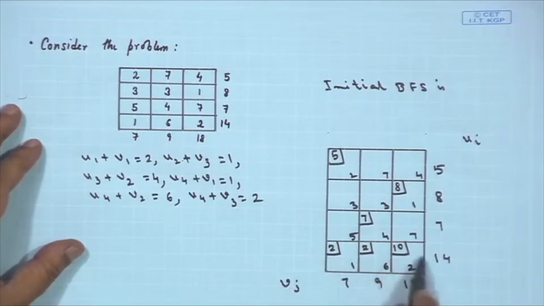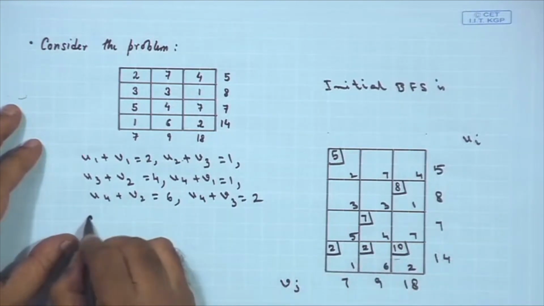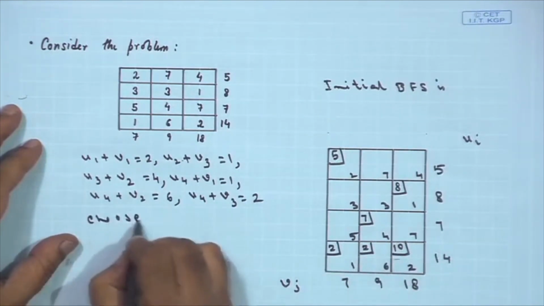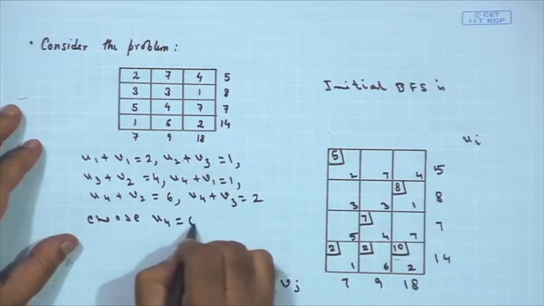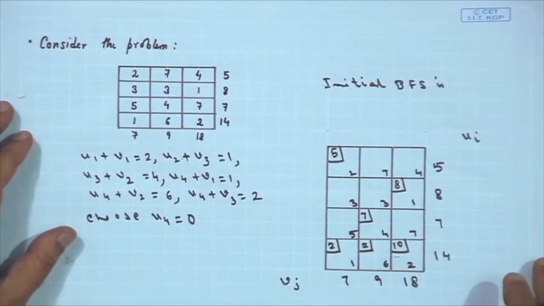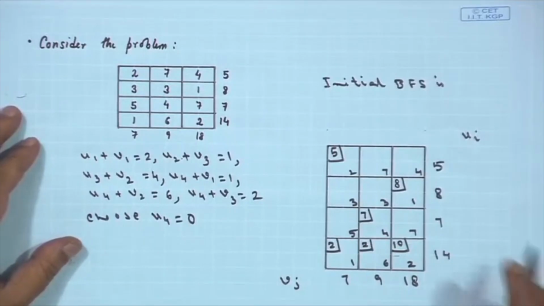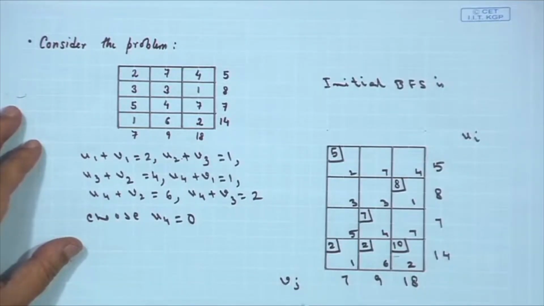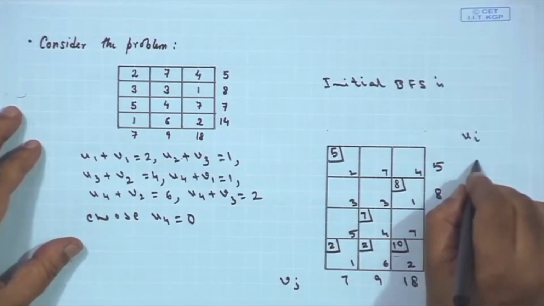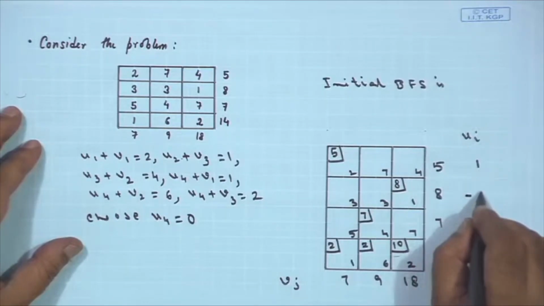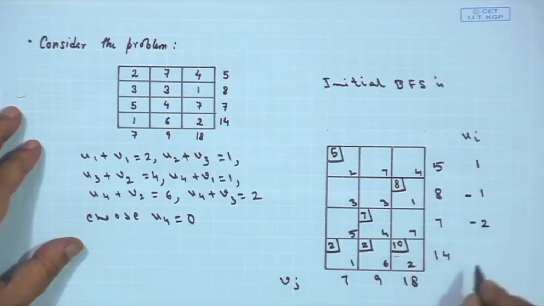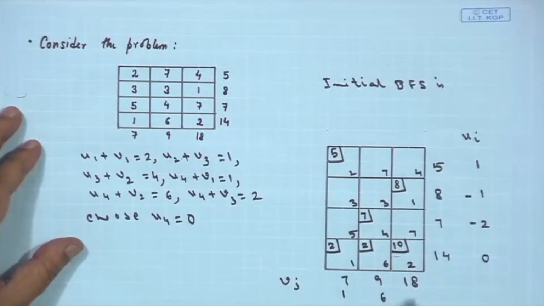Since row 4 has the maximum number of occupied cells, you choose u4 equals 0 for this problem. Then you can find out the values of ui and Vj. The values of ui will be 1, minus 2 and 0, and for Vj it will be 1, 6 and 2.